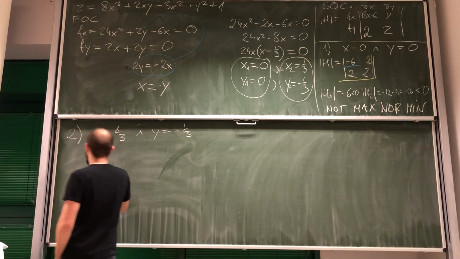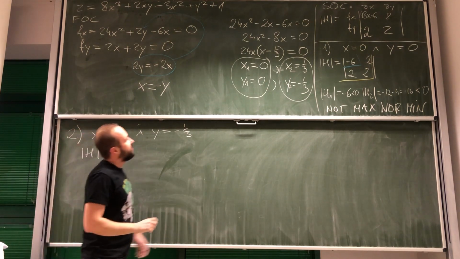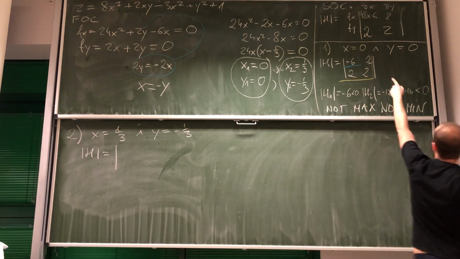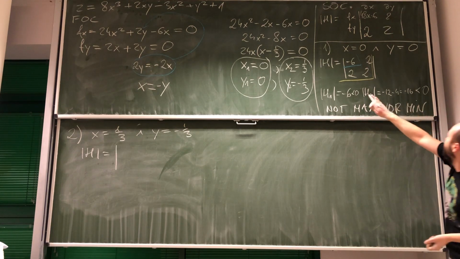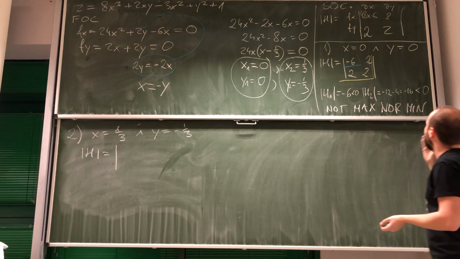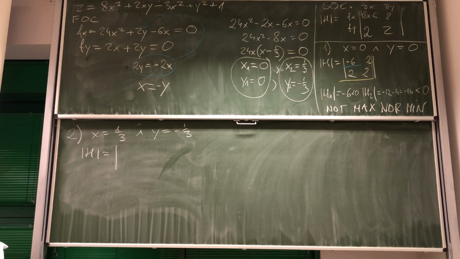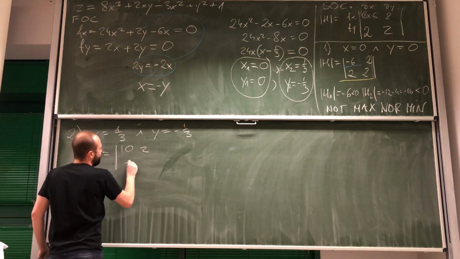Because the rest we already have. So now the Hessian is going to look like this. We've got 48 times 1 over 3, right? I substitute 1 over 3 instead of x. So I'm getting that this is 16. 16 minus 6 is just 10. So we get 10, 2, 2, 2.